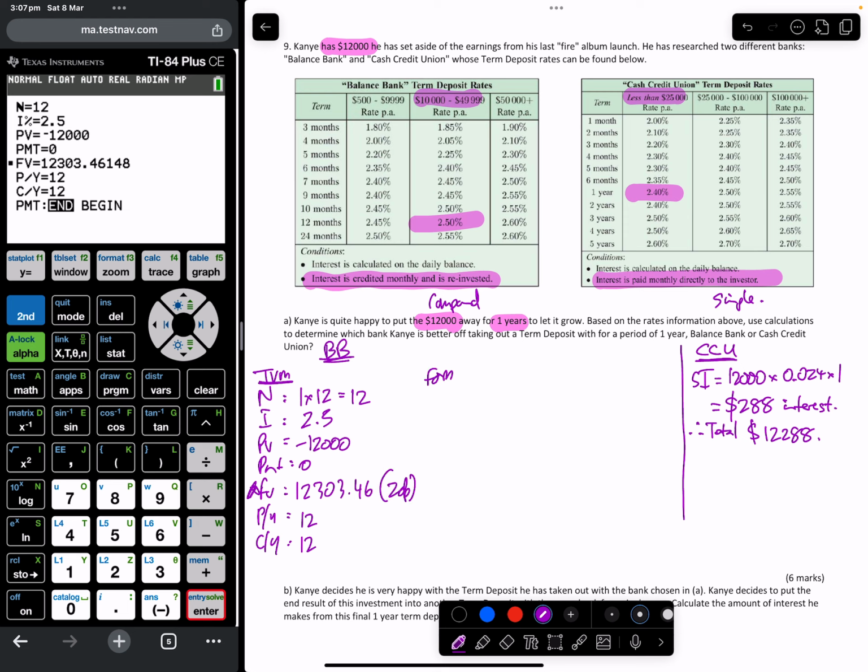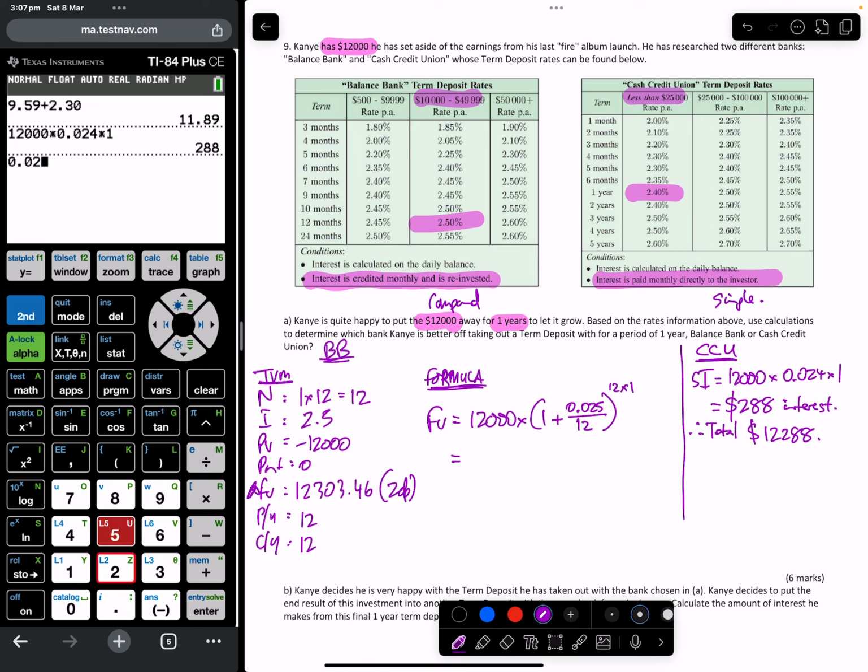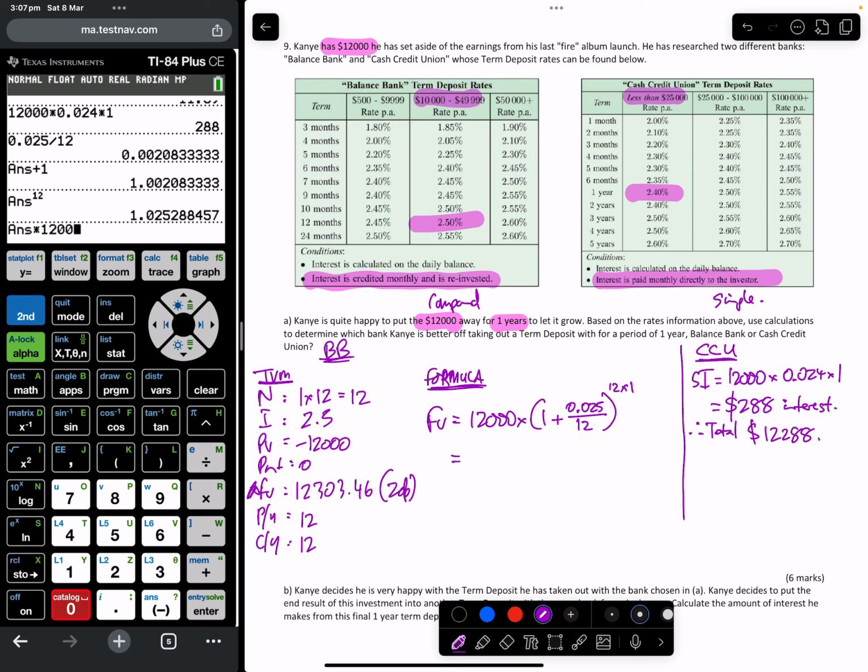Formula method. FV equals 12,000 times 1 plus the interest rate as a decimal, 0.025, over the number of compound periods per year, 12, to the power of K, which was 12 times 1 year. So 0.025 divided by 12, add 1, to the power of 12 times 1 is 12, times that by 12,000. 12,303.46 to 2 decimal points.